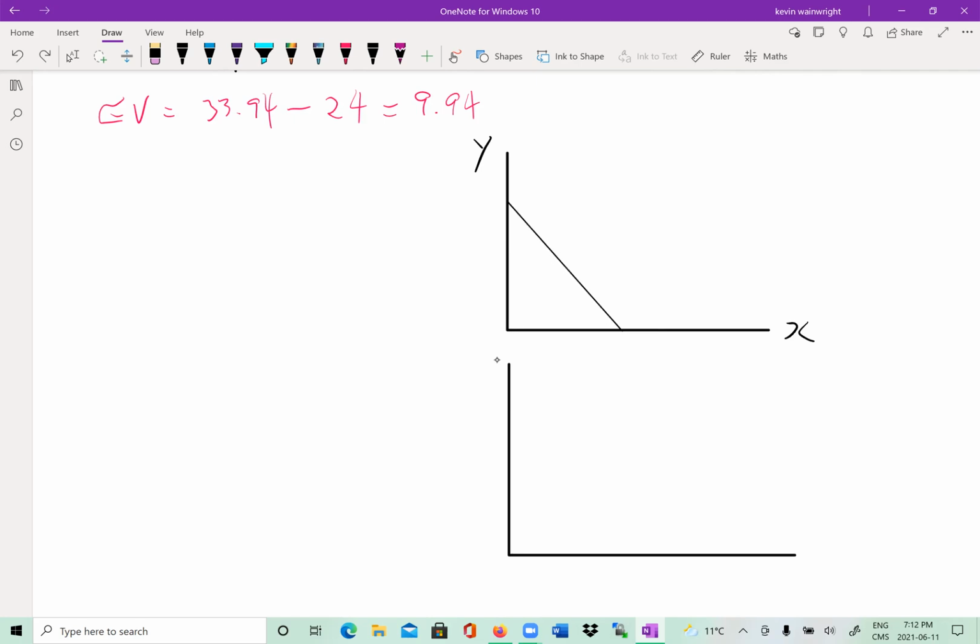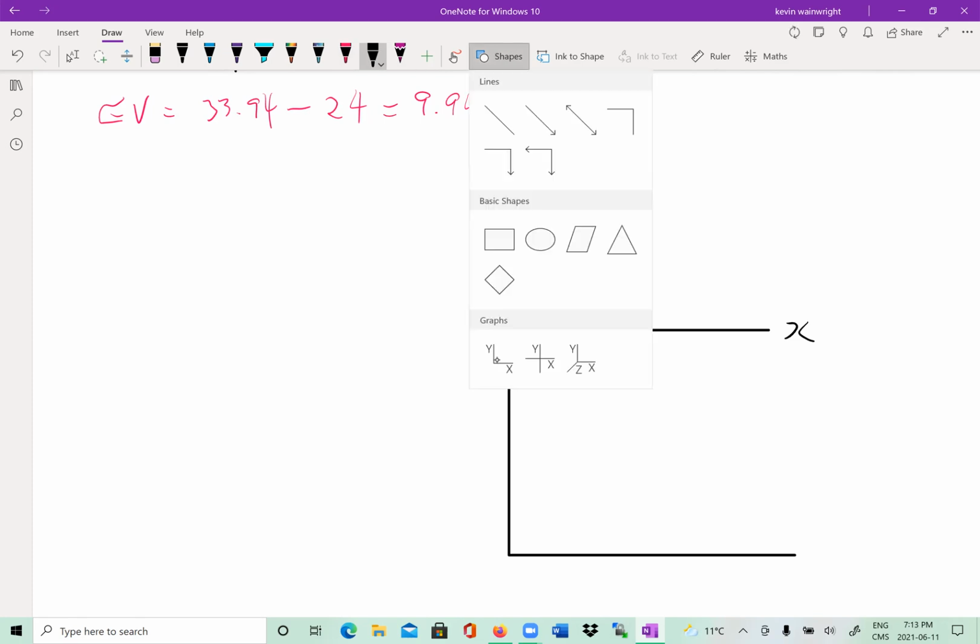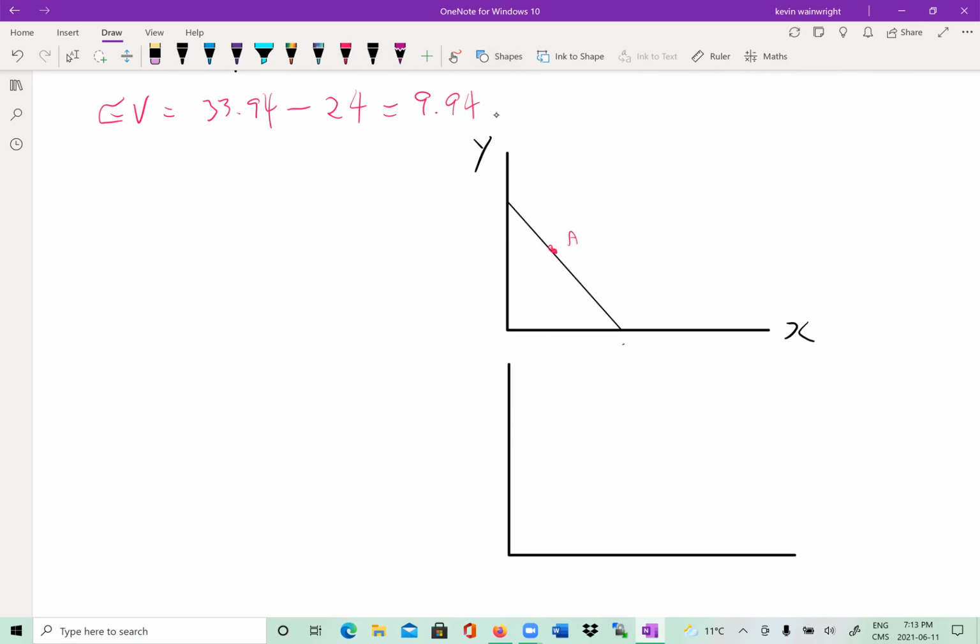So here is my original budget line, and I go to a point like A. Then my budget is reduced. So the budget line rotates out.